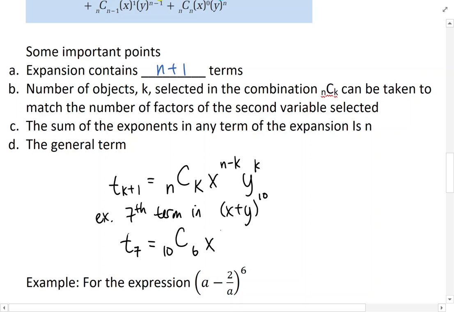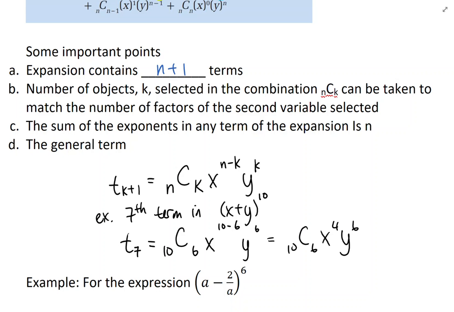So it'll be x^(10 minus 6), y^6. So basically, that is 10C6, x^4, y^6. Okay? Oh, and I guess we should figure out what 10C6 is. I'm just going to take a calculator and punch that in. So basically, that's 210.